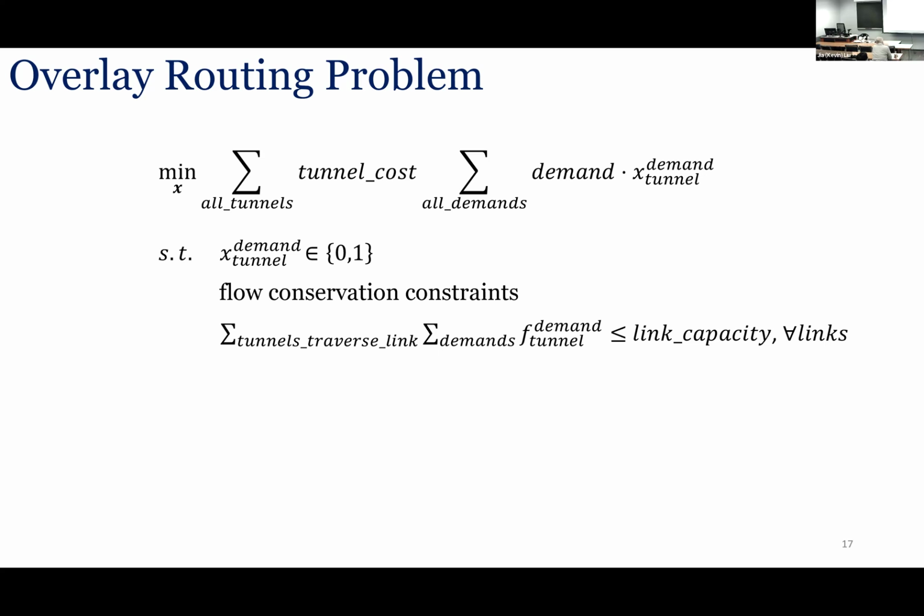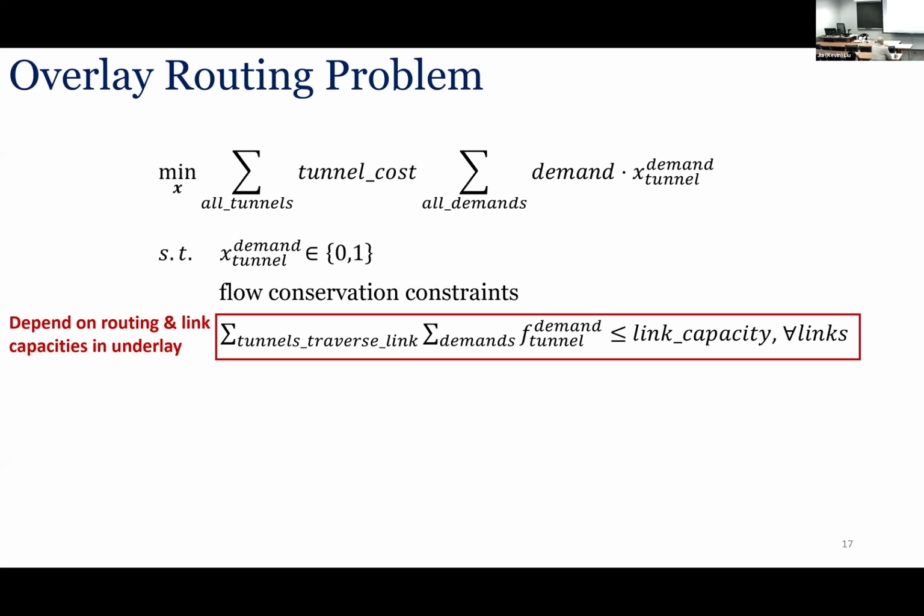So you can easily reformulate that by counting the amount of overlay traffic load you impose onto each tunnel and some overlay tunnels traversing each link in the underlay, right? So that's the actual routing problem. The problem, however, is that to formulate this optimization, you need to know very detailed information about the underlay.